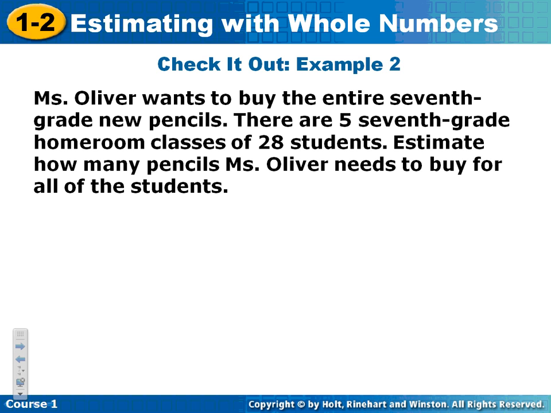Ms. Oliver wants to buy the entire 7th grade new pencils. There are 5 7th grade homeroom classes of 28 students. Do we want to overestimate or underestimate? You want to make sure everyone gets a pencil. Okay, what would we estimate? What would we round? Clayton. I'd make that 30.